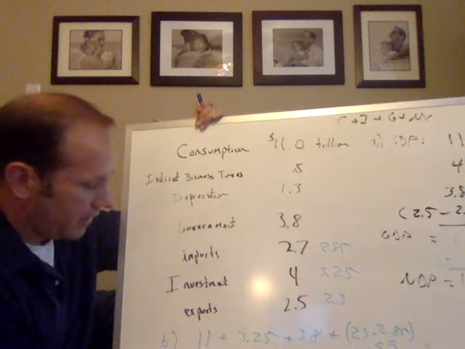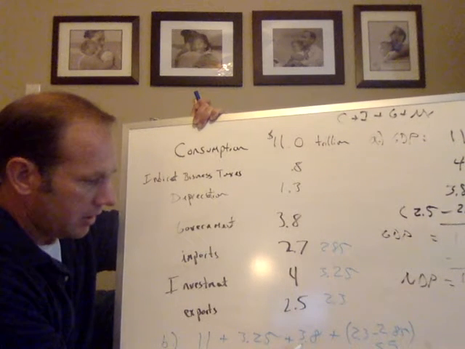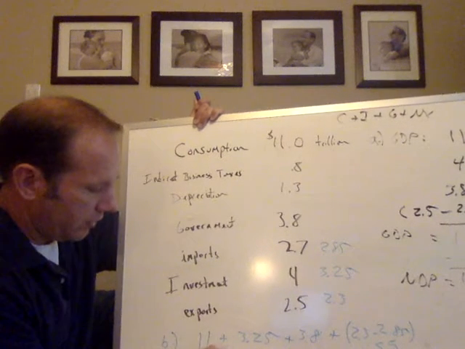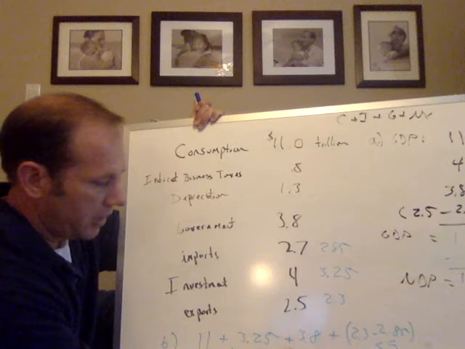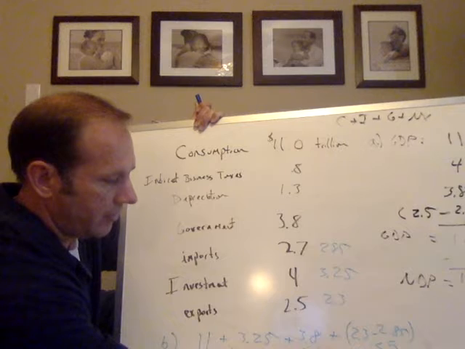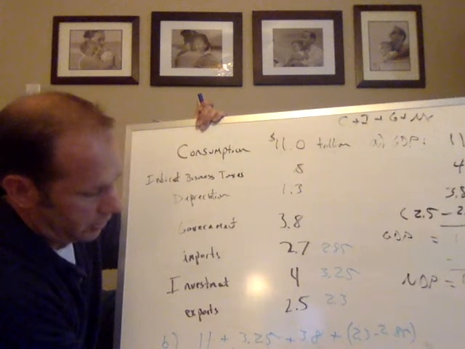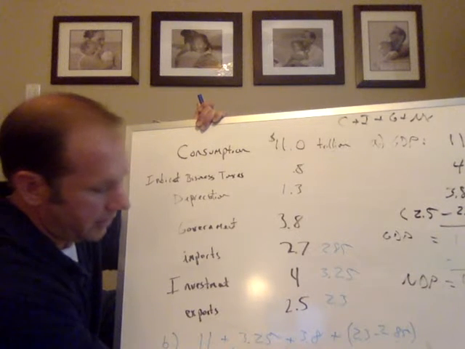So you have 11, that's 14.25 plus 3.8. Actually, let me do it this way. 14.25 plus 3.8 minus 0.55. So this is going to be 3.25.